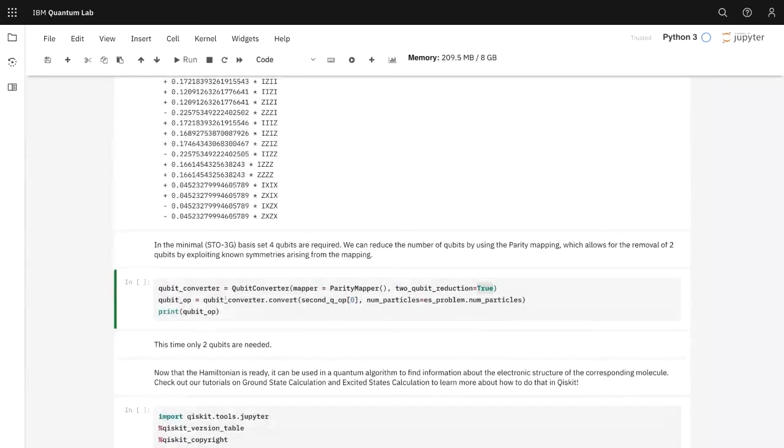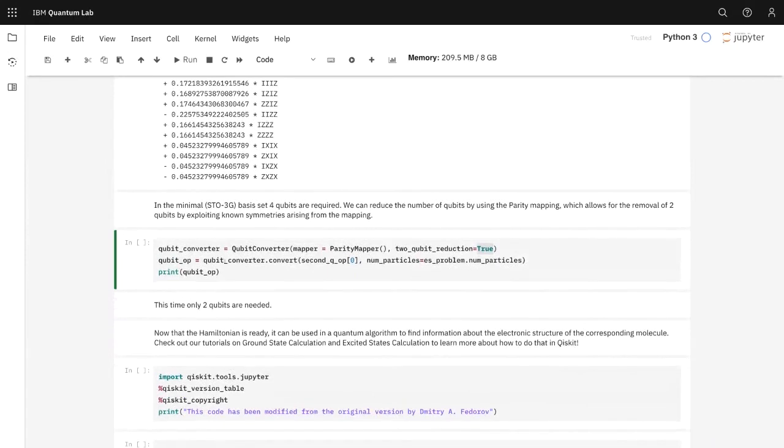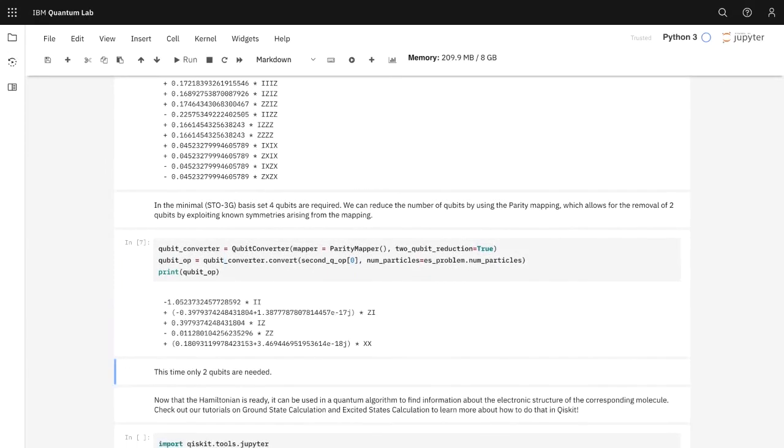So when you do the conversion using the parity mapper, you only have these 5 terms here, one of which is identity. So this is going to be easier, and we won't have to wait long for calculations to run.